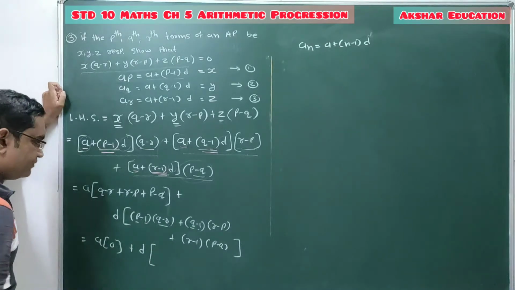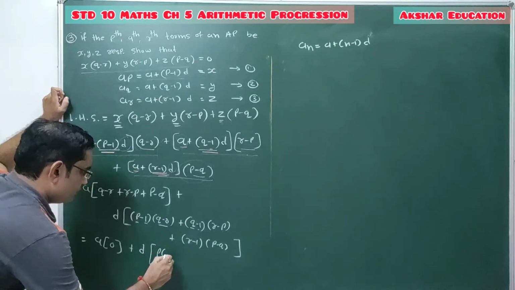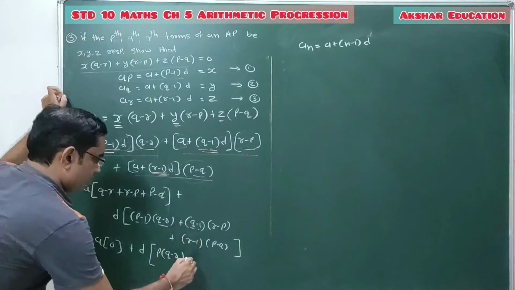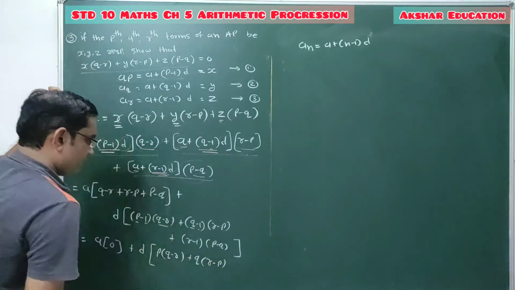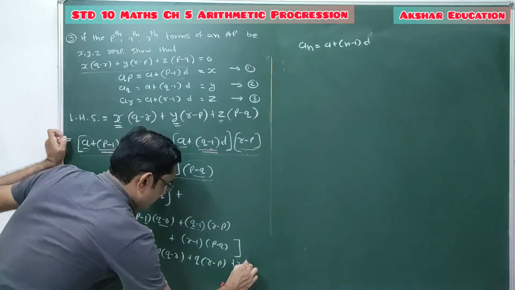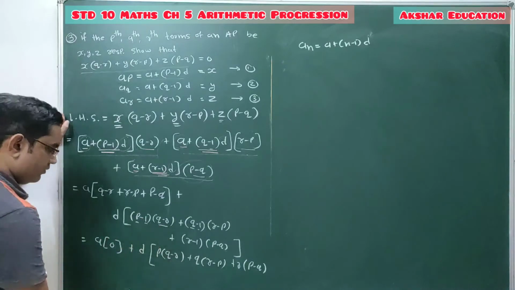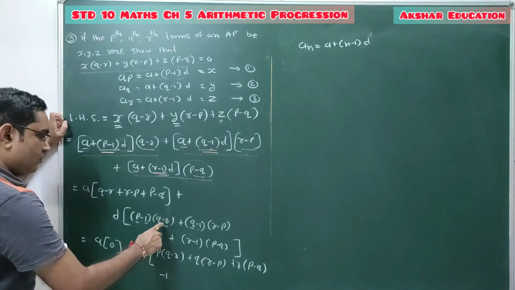So it will be p into (q minus r) plus q into (r minus p) plus r into (p minus q), and this minus 1 into all these terms.